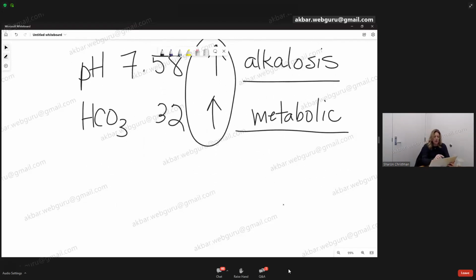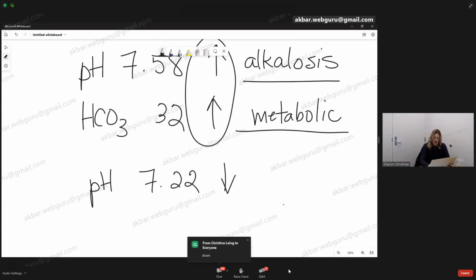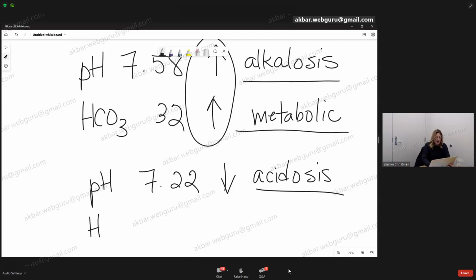Okay, one more example. pH is 7.22. Is that up or down? Okay, you're right, that's down. So we say, well, that's acidosis. Okay, and then the bicarb is 30. Is that up or down?